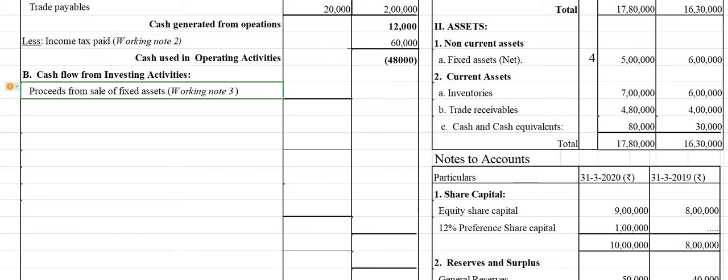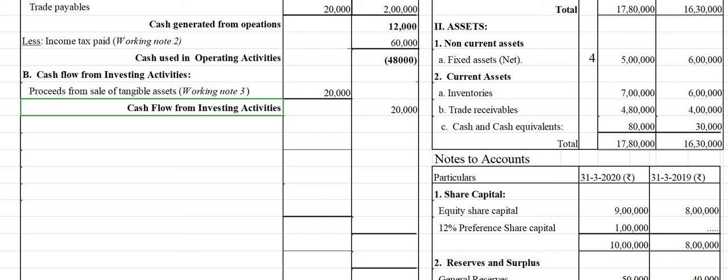Proceeds from the sale of tangible assets, 20,000. That is the only item in the investing activity, so 20,000 can be written down. Against that we can write cash flow from investing activities.